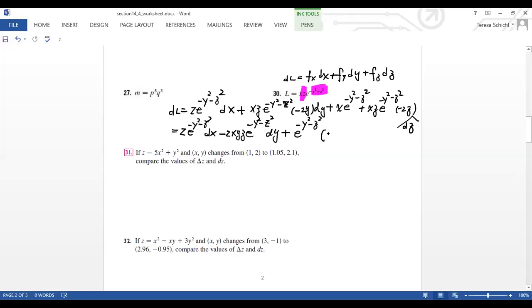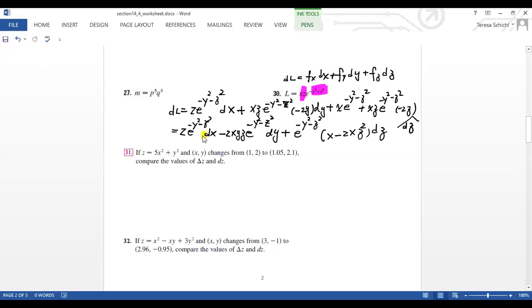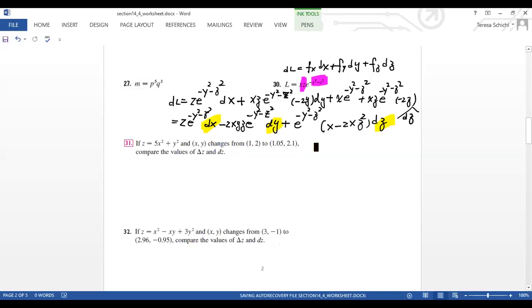Then here I have x, and then minus 2xz squared dz. All right, so I got it. I hope I did not make any mistake here. So this is dx, dy, dz. This one is pretty straightforward, you just use your derivative skills here.